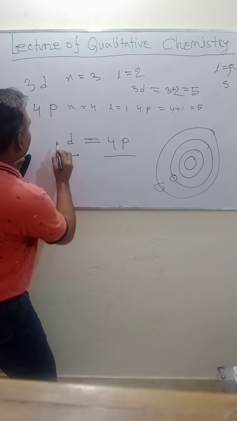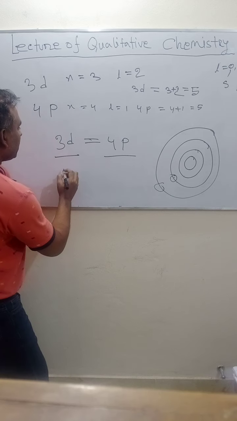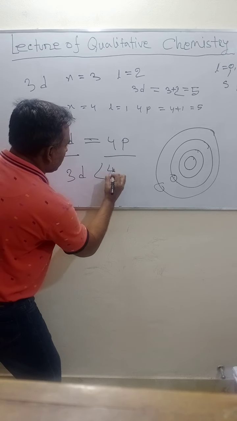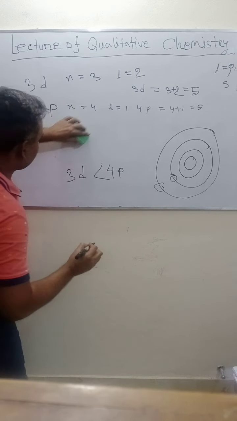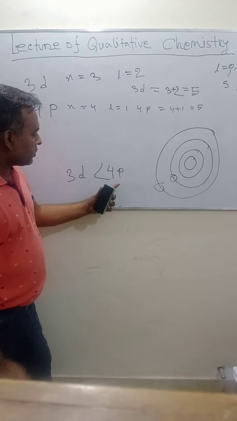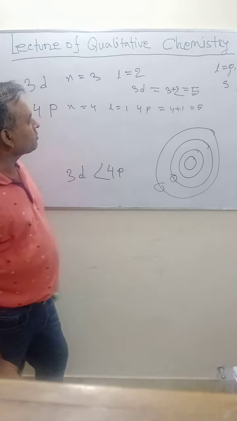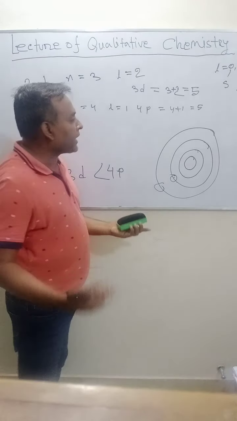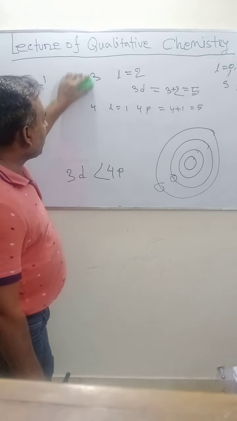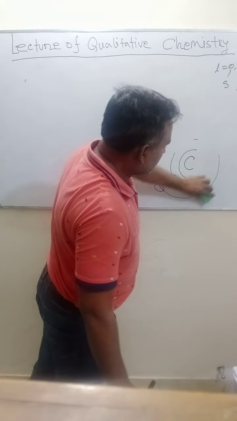You have to follow the shell number. So the electron will enter 3d, then 4p, because though both subshells have the same value, that means same energy. This is the Aufbau rule, the Aufbau principle.